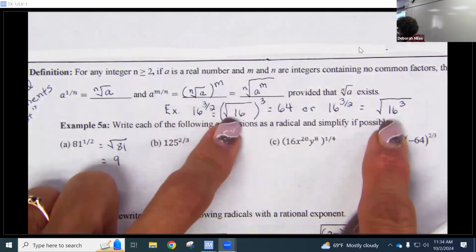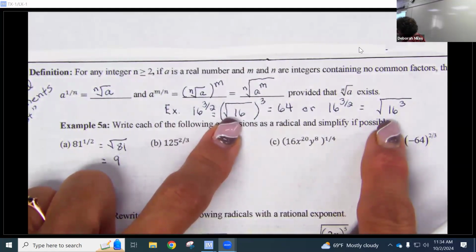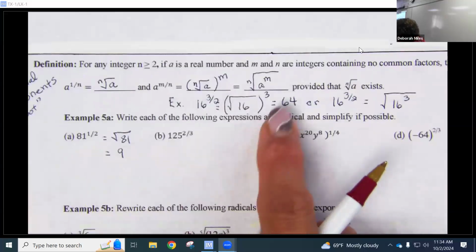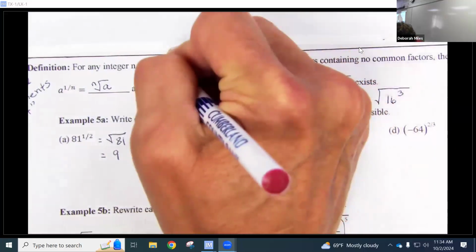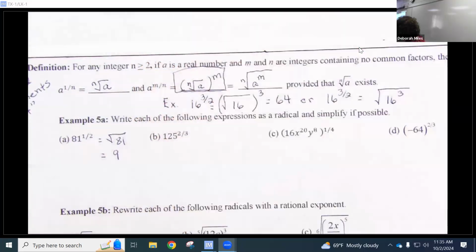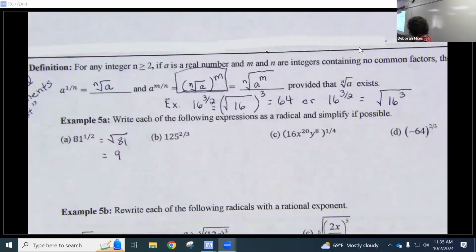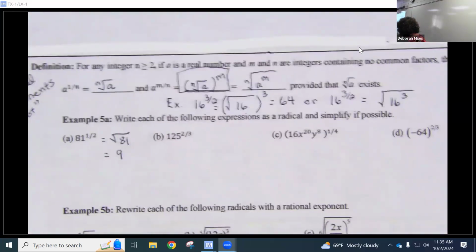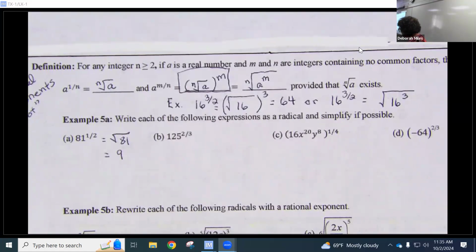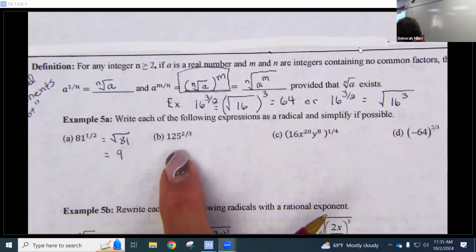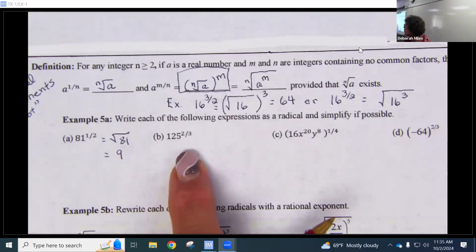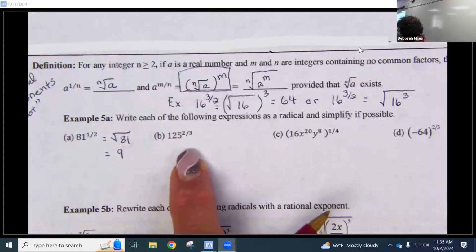Probably this first one. I can't do 16 cubed in my head. I would get the same answer, but this is easier. So this is the way we usually apply that rule. We take the nth root first and then apply the exponent indicated by the numerator. So the second example, 125 to the 2/3. What root is being indicated there?